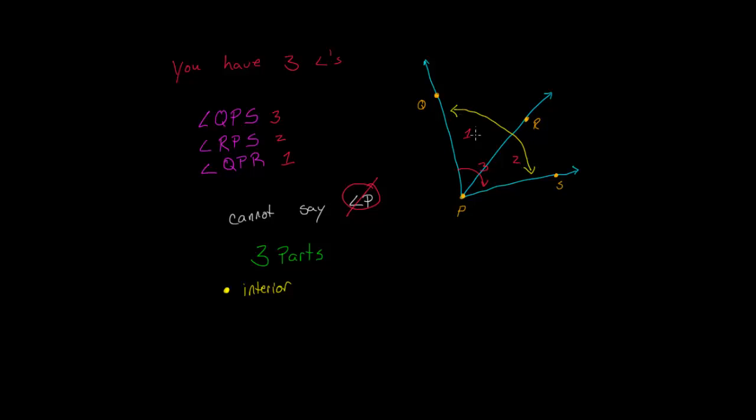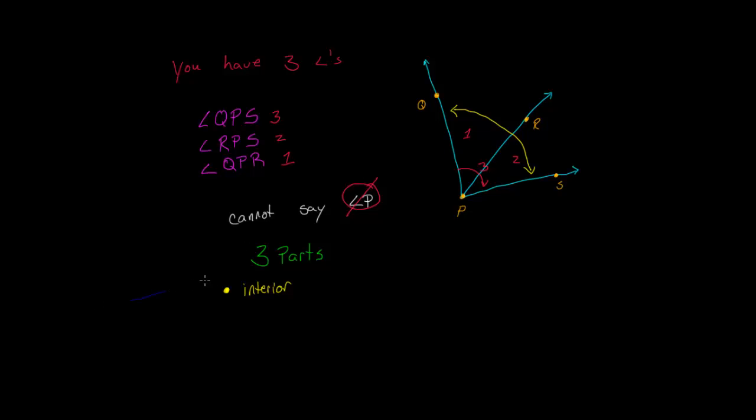From one side to the other, looking at what we have in terms of an enclosure. Let's put it that way. It's an enclosure of this angle. So anything that is in between these two rays would be considered our interior.